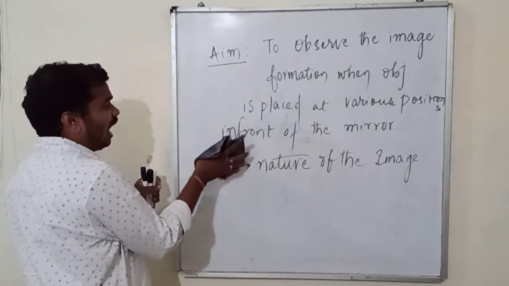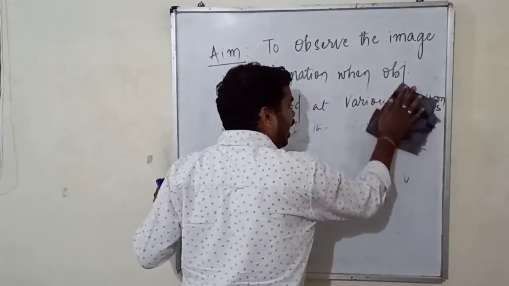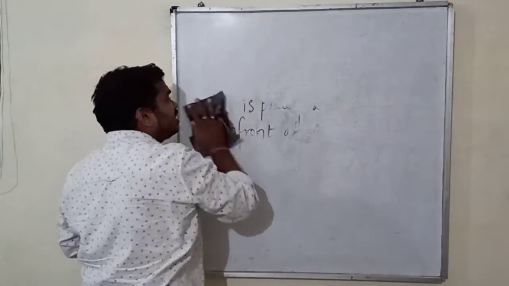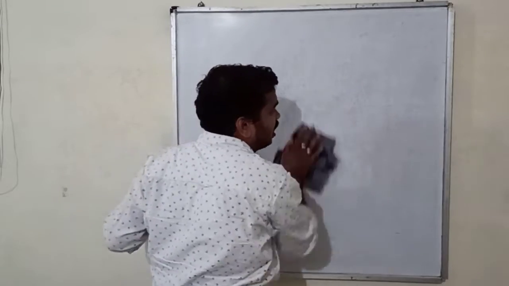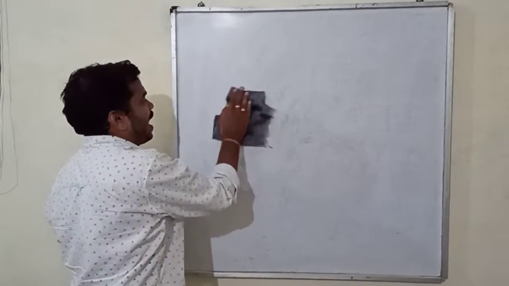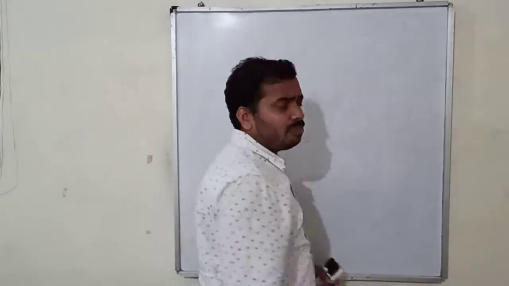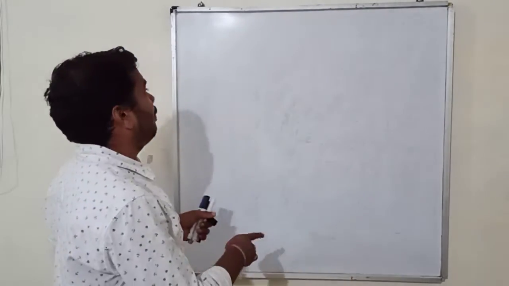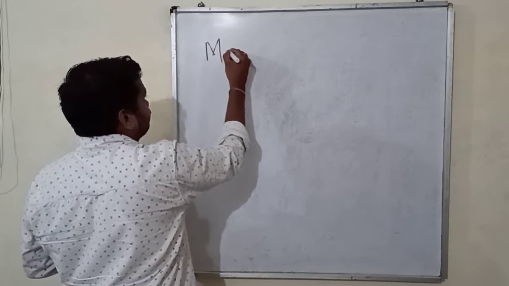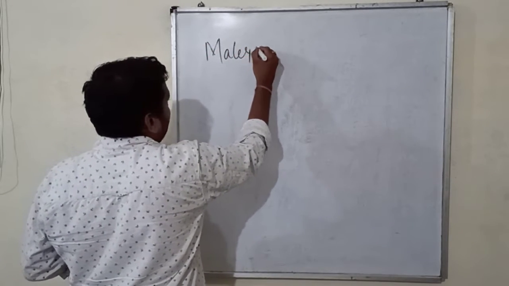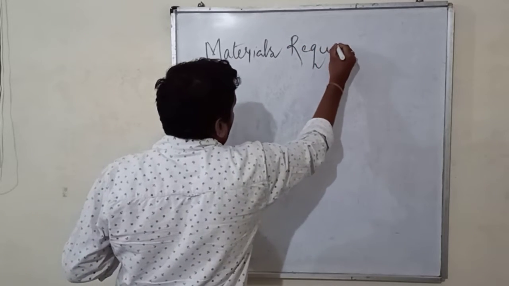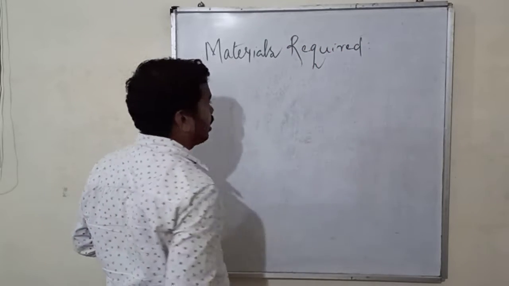Now, after knowing the aim, we have to concentrate upon the materials to be used to perform this lab activity. Step by step, I am going to write the materials required.